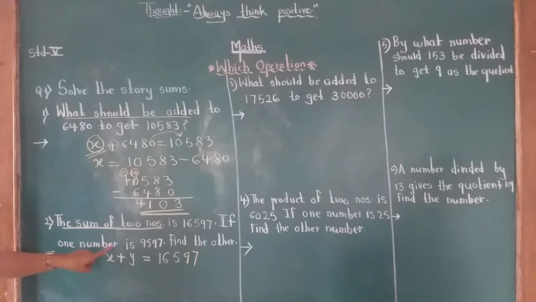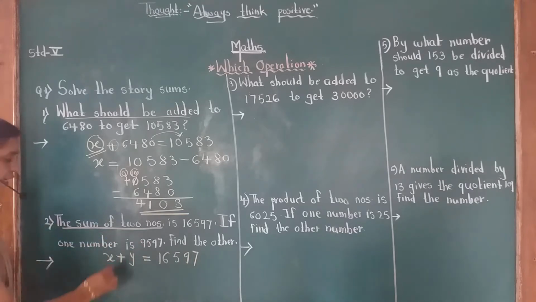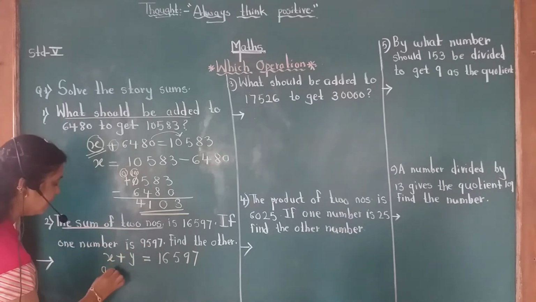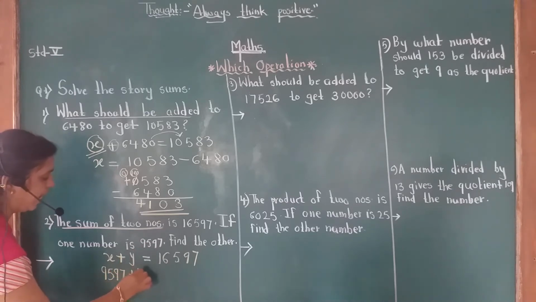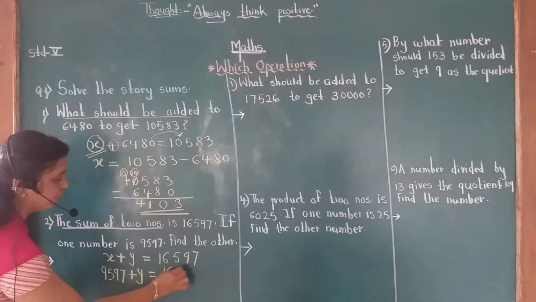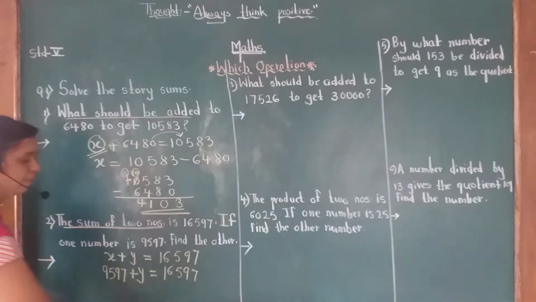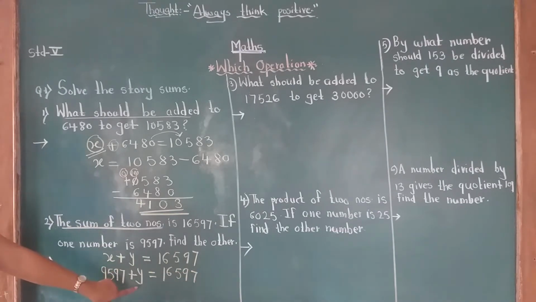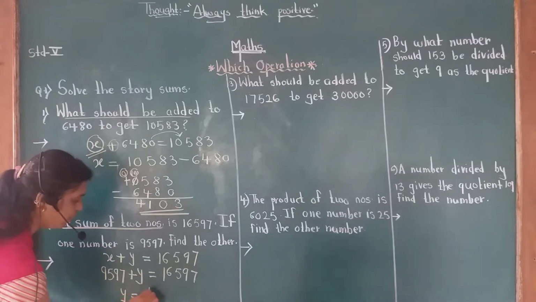And if one number is, what is the given one number? Suppose we consider x as this number, y as it is equal to this number. Understood? Again, what you have to find? Value of y.